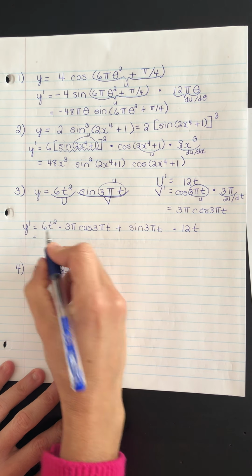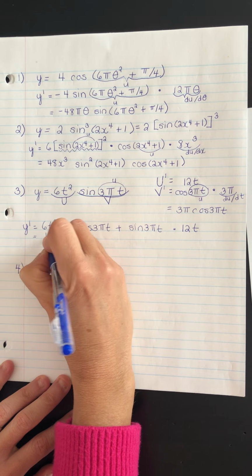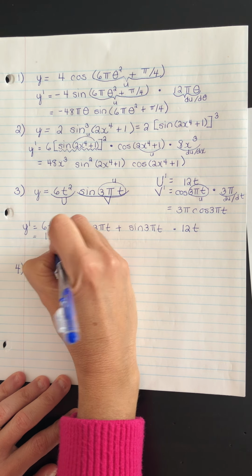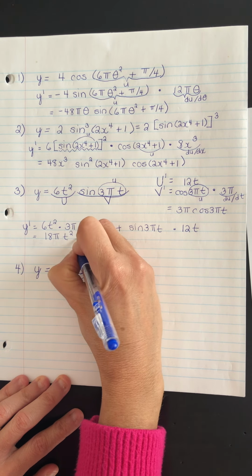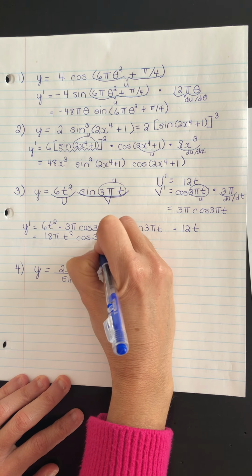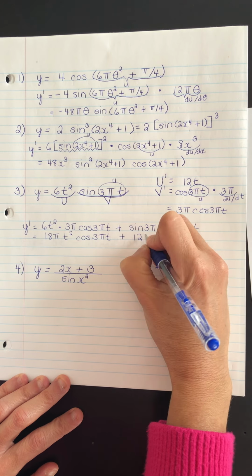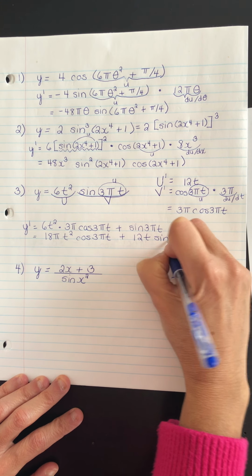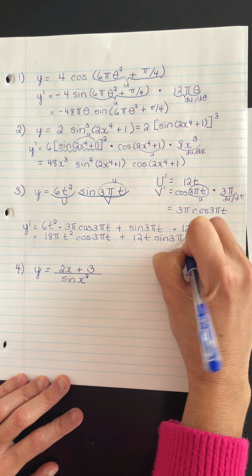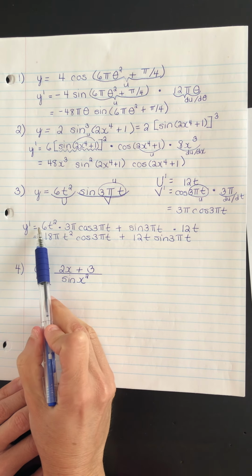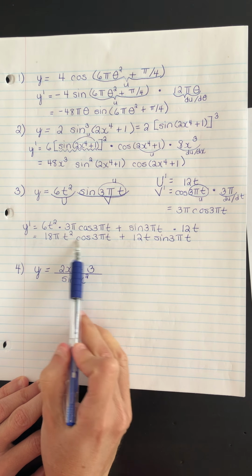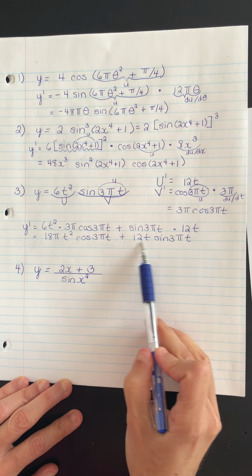So this is 18 pi t squared cosine 3 pi t plus 12t sine 3 pi t. So that's just simplifying this term and simplifying this term.